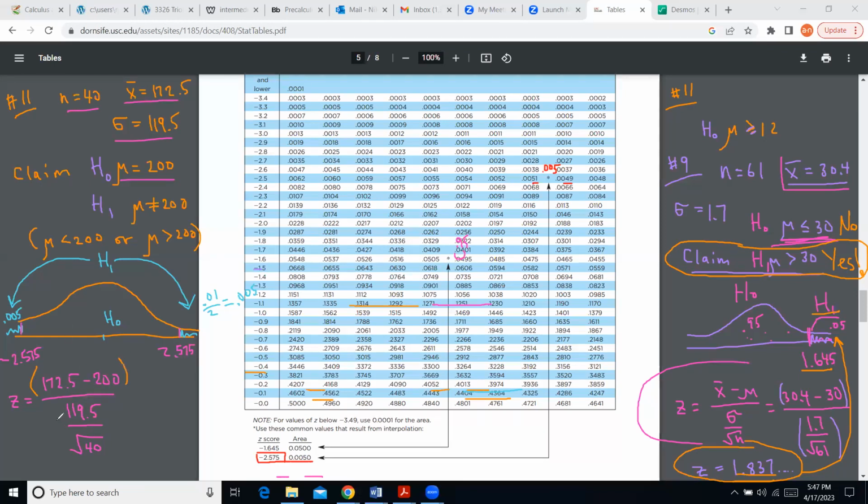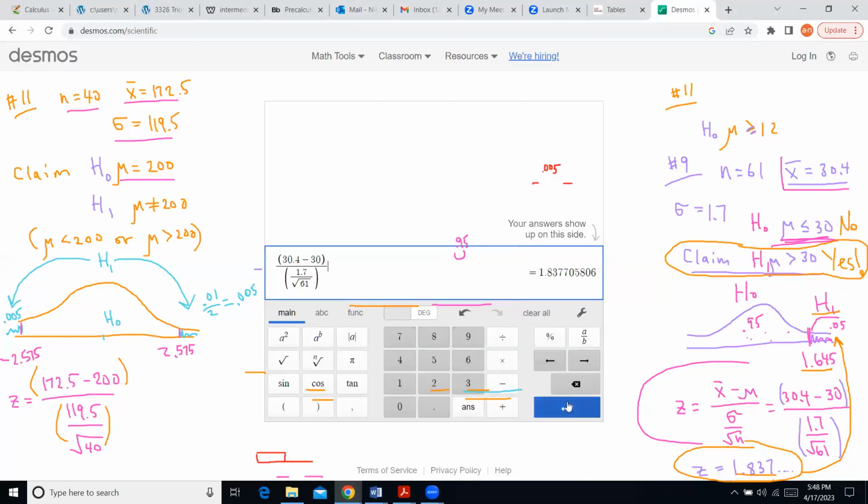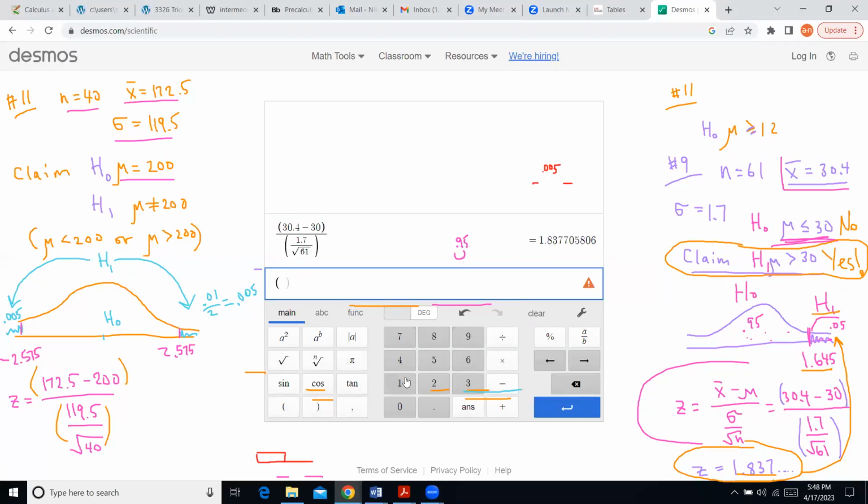So I just want you to start realizing that problems are the same. The calculation is the same. The end result is always going to be of the same type. So let me put this parentheses. 172.5 minus 200, right?